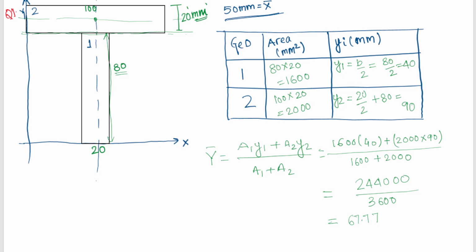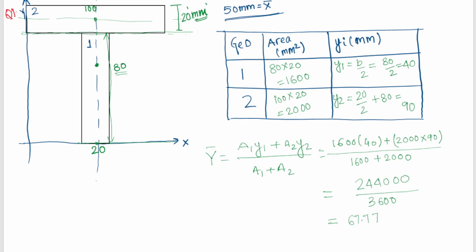So this point is actually at a distance of 67.77 from the bottom section of the geometry. The entire height is 100, this is 80, so 67.77 will come at this particular point.